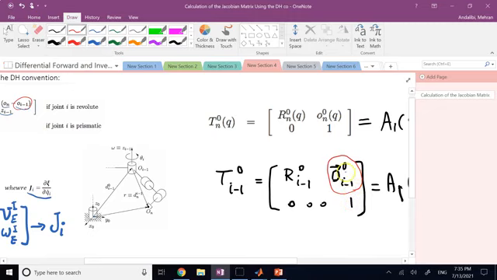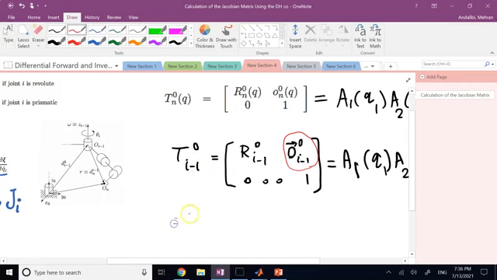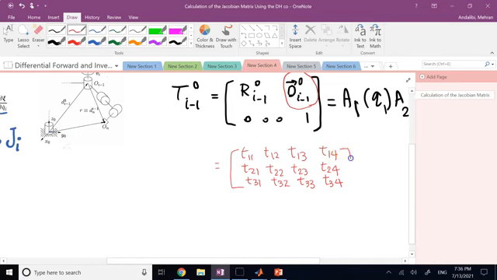So if this T matrix in general is like T11, T12, T13, T14, then T21 all the way to T24, and then T31 all the way to T34, and then 0 and 1.